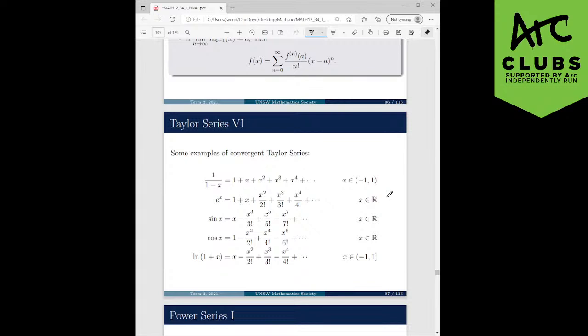It is also pretty advisable for you to start memorizing these. In higher years, they really do like to just pull out the Taylor series without really pointing out this Taylor series first. So these are some really nice expressions. Like sine x is exactly the same thing as x minus x cubed over 3 factorial plus x to the power of 5 over 5 factorial, yada yada, off into infinity. So yeah, it's pretty good.